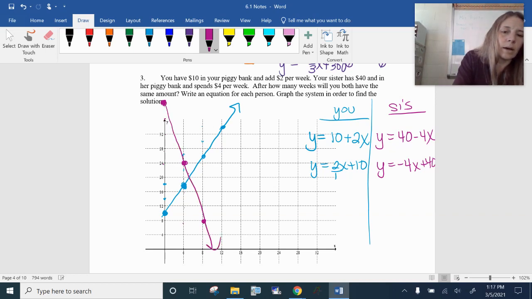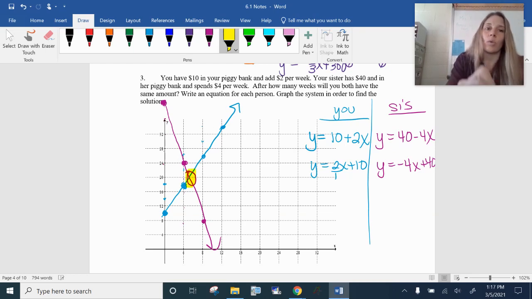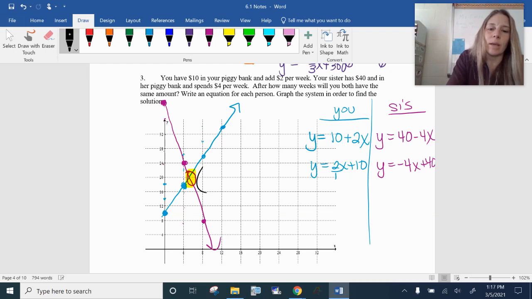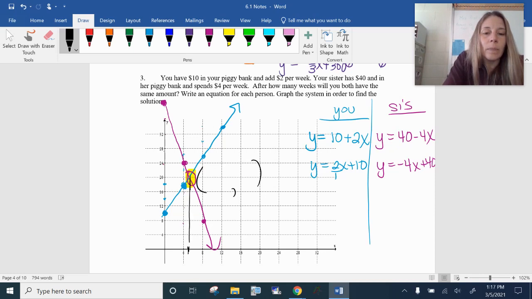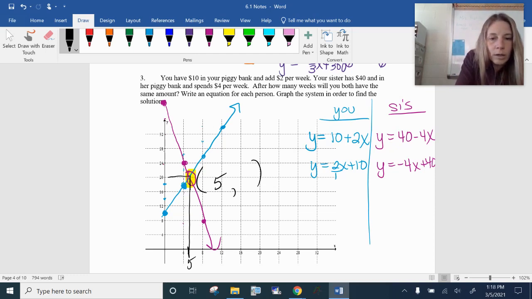And it's going down. Now, the point where they cross, it's not exactly on the corner of the square. So we're going to have to estimate what we think that value is. Going on my x-axis, it looks like it's right around here, which I feel like is a 5 maybe. And then over here is a 20. So I'm going to try that and see if that works.